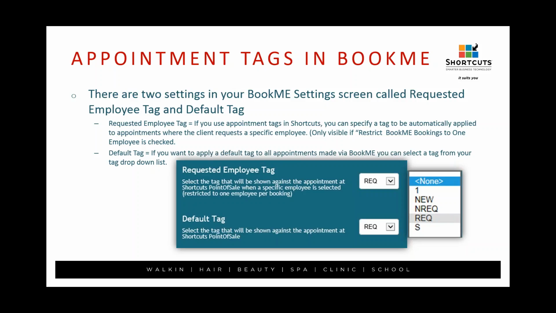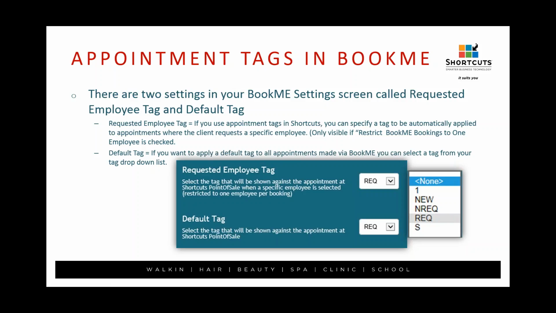The first one, requested employee tag, is only visible to you if you have restrict BookMe bookings to one employee. So that is only visible if you have that particular setting turned on. So if you have that setting turned on, requested employee tag could, for instance, be set to request.